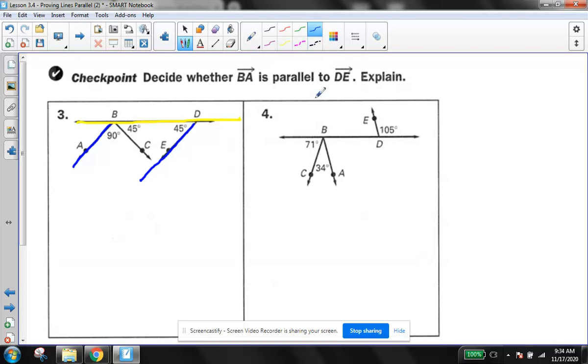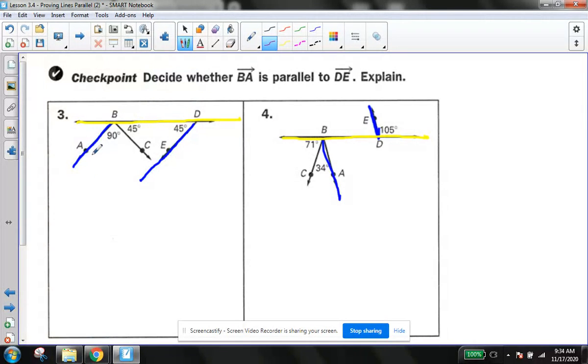Okay, and in number 4, here's ray BA. Here's ray DE. You might want to extend them. I know they're rays, but we want to see if they're parallel with one another. Okay, so think of that yellow line as your transversal. All right, so here's the numbers that I'm caring about right now.